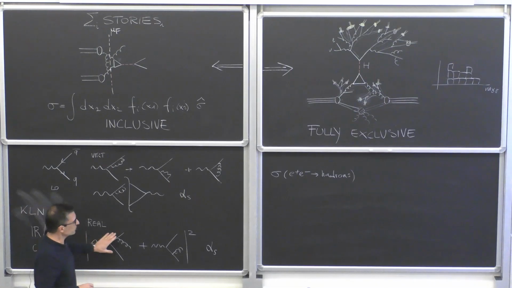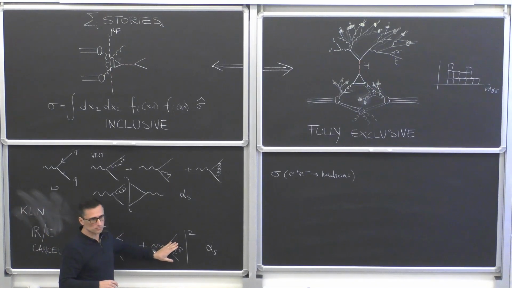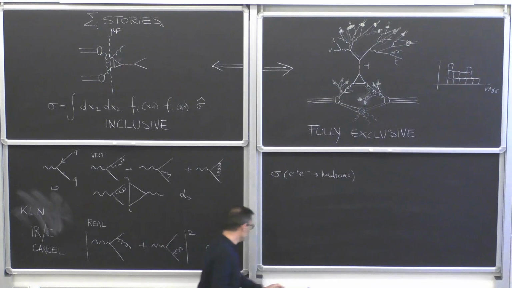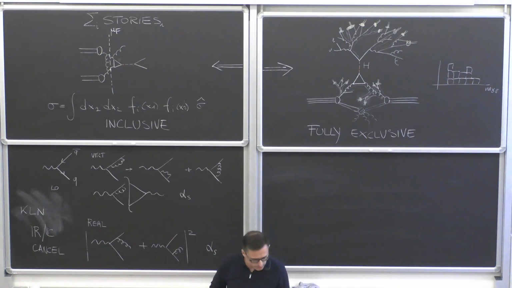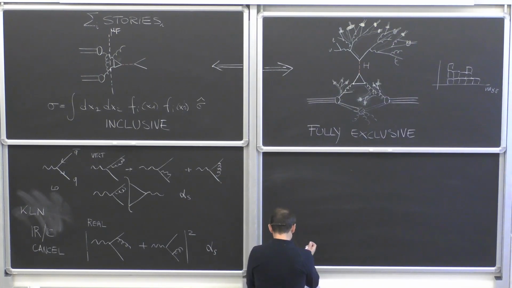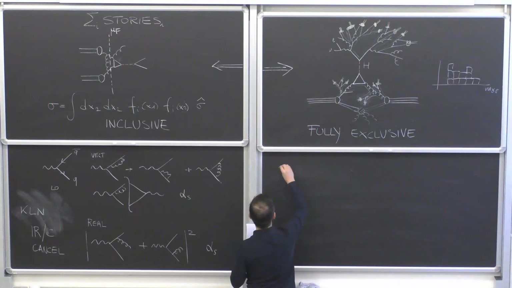So let me only compute the real. I don't want to compute the virtual today. Let me compute the real, and even the real is a bit annoying, so let me do a simple approximation. Let me rewrite the NLO.